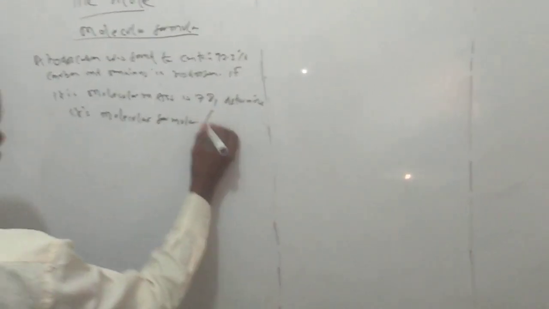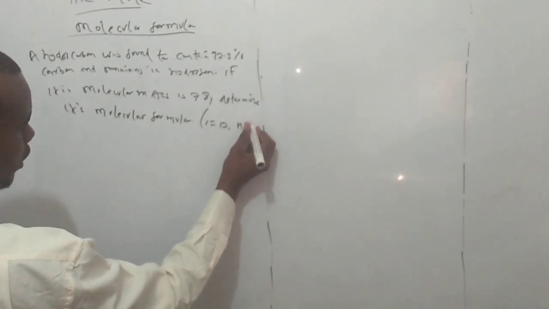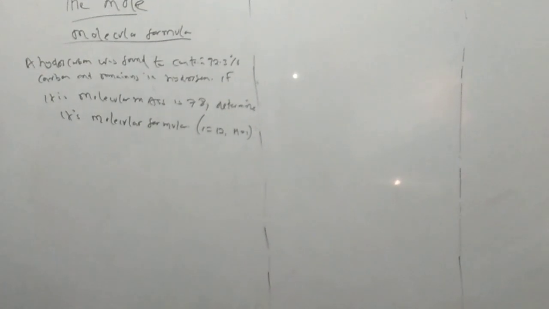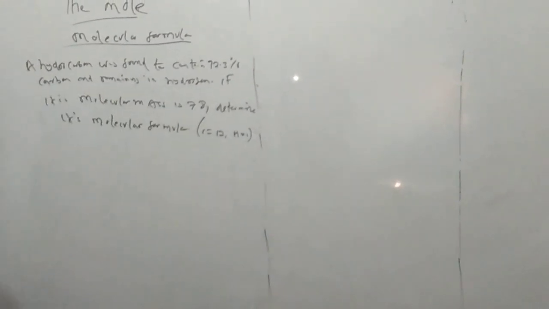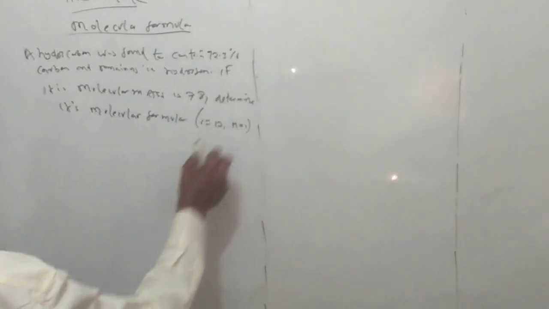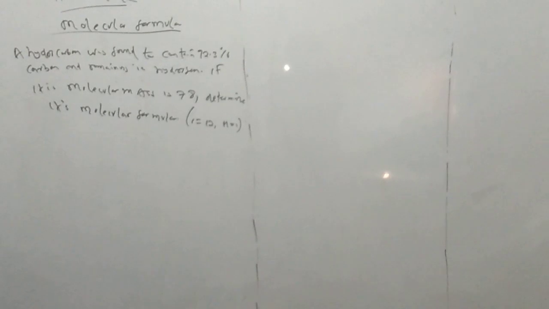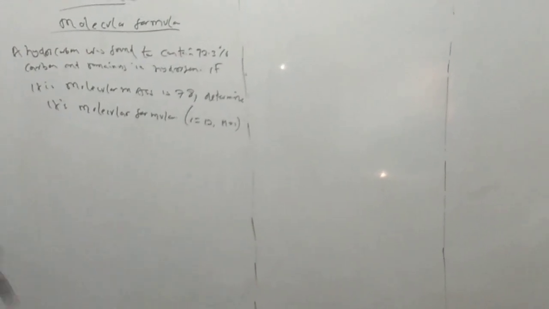We are told C is equal to 12, H is 1. A hydrocarbon was found to contain 92.3% carbon and the remaining is hydrogen. If its molecular mass is 78, determine the molecular formula.